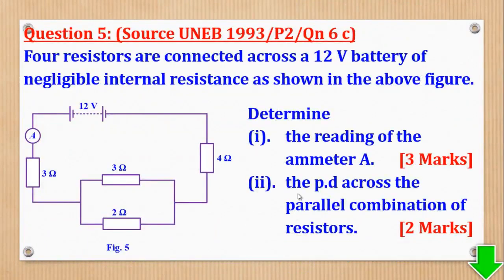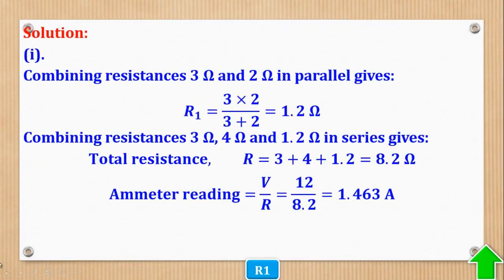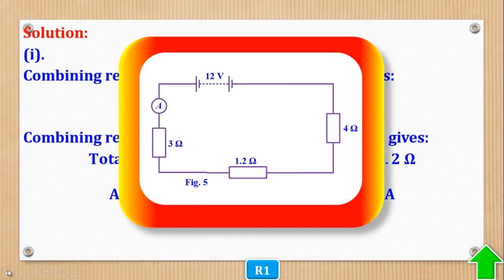Then for Roman 2, they wanted the PD across the parallel combination. They want the PD across this. So the PD across that is the same as the PD across this resistor, because it was the effective resistance after combining. So the same PD across this resistor.